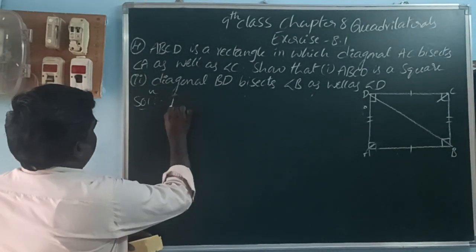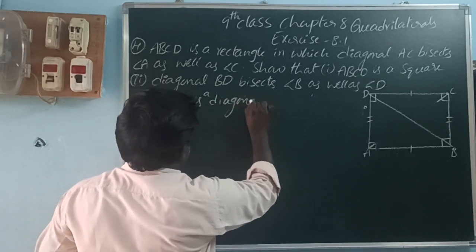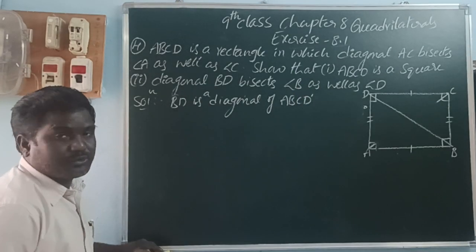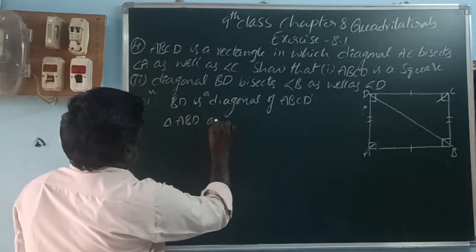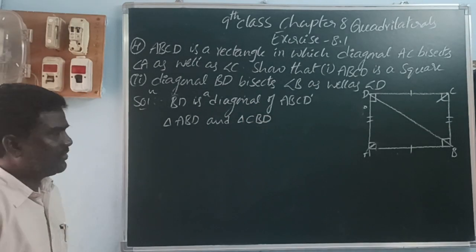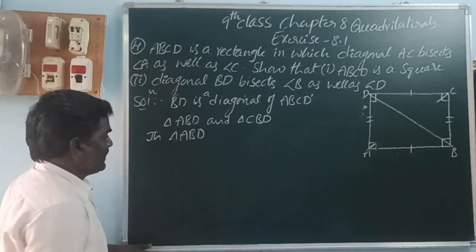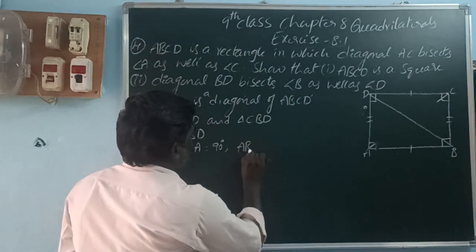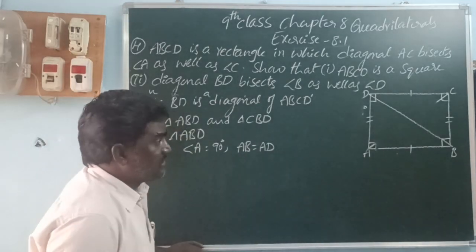BD is a diagonal of ABCD. Then how many triangles are formed? Two triangles: triangle ABD and triangle CBD. So in triangle ABD, angle A is equal to 90 degrees. Next, AB is equal to AD.